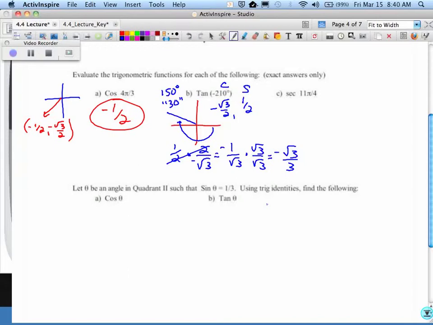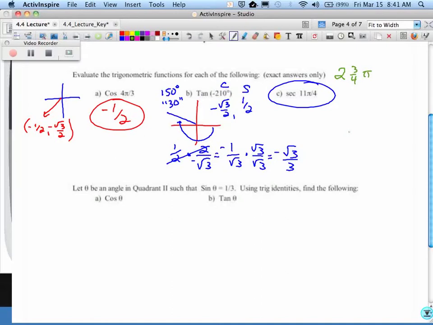What about secant of 11 pi over 4? Where did 11 pi over 4 put you? If it's more than 2 pi, or more than 360, so this is 2 and 3/4 pi, right? 4 goes into 11 twice.